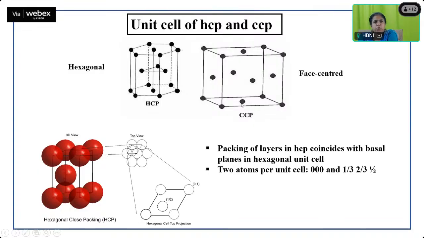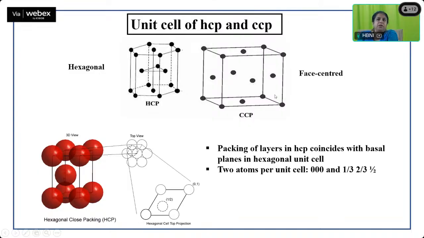Let us try to find the coordinate of this. It is making half on the x-axis, half on the y-axis, and 0 on the z-axis. Half, half, 0. Good. Let's come to this: half on y-axis, half on z-axis, 0 on x. Then half, 0, half. Okay.